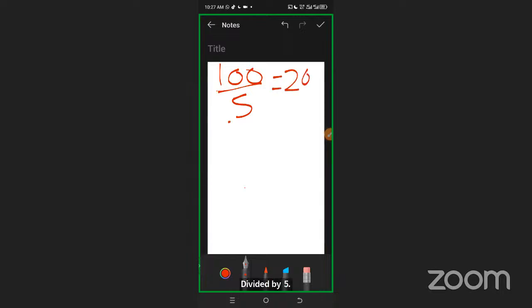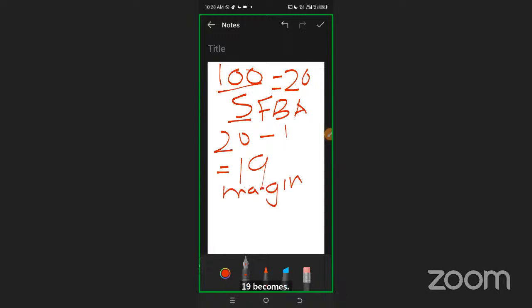I told you 5 is the first buy-in amount. Then 20 minus 1 gives you 19. 19 becomes your margin call limit. It becomes the number of margin calls.